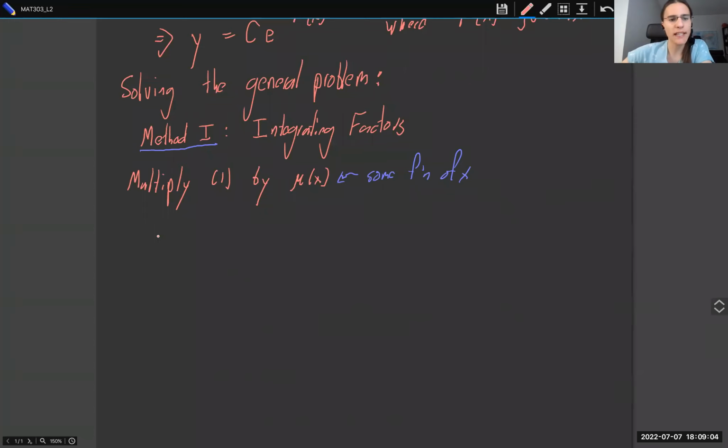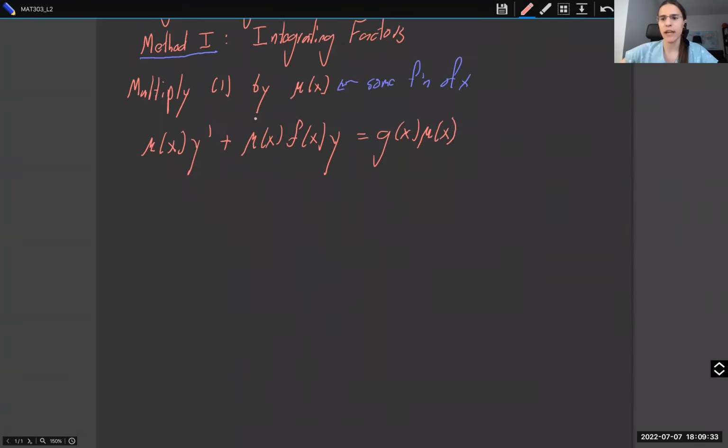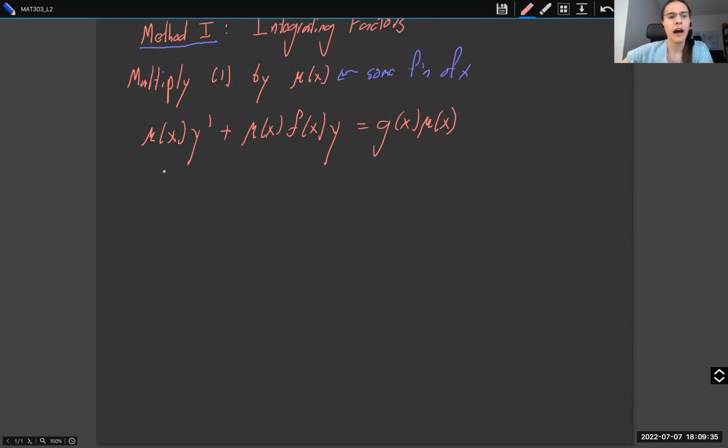And so what we get as a result is that mu of x y prime plus mu of x f of x y is equal to g of x mu of x. Now, let's imagine that we had something nice happen.